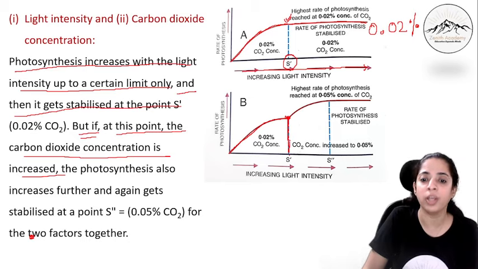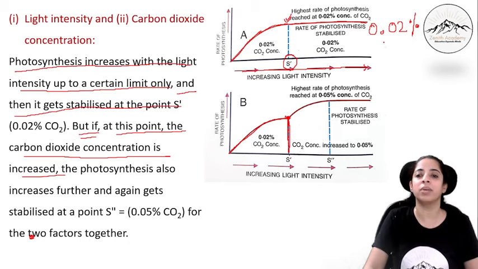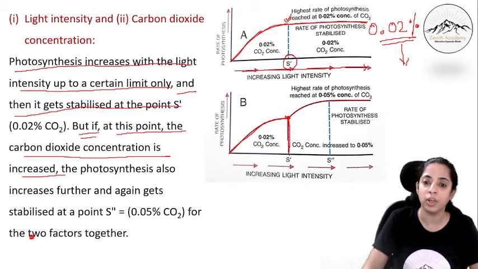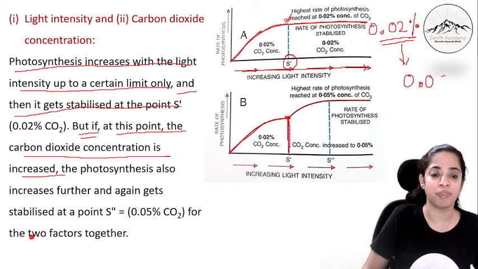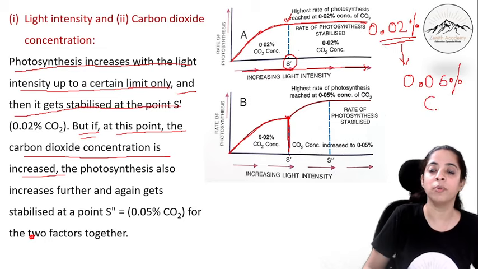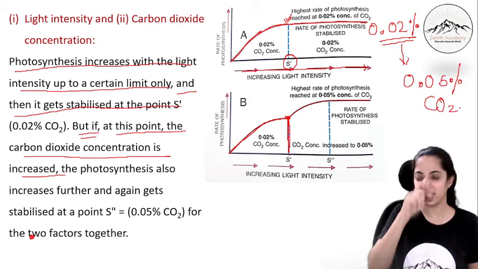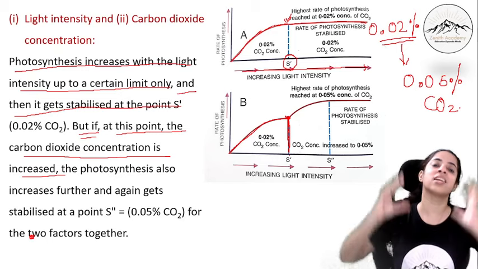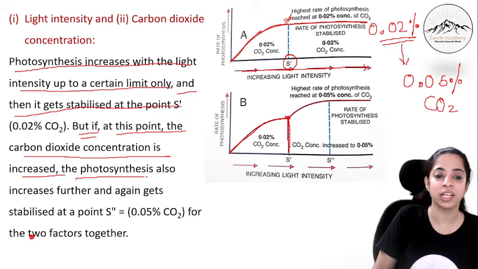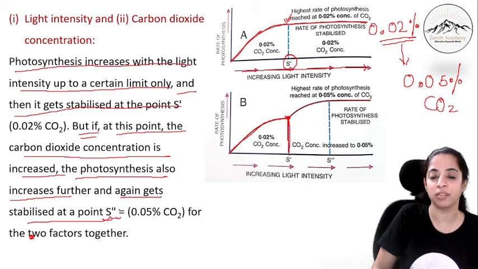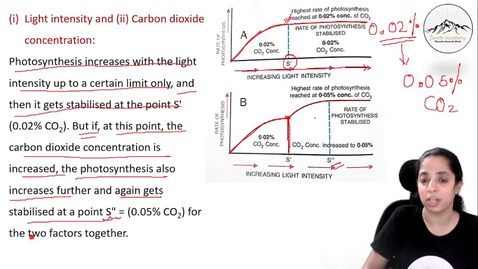But at this point, if I increase the carbon dioxide concentration from 0.02 to say 0.05%, the light intensity remains the same, but the photosynthesis increases further and then again gets stabilized at another point mentioned here by S double dash. So here you see it is again increasing, but again it will get stabilized.